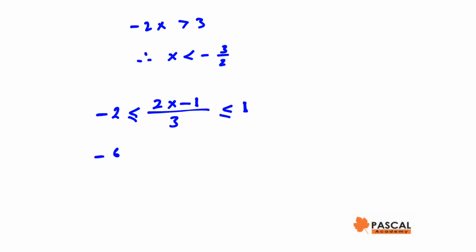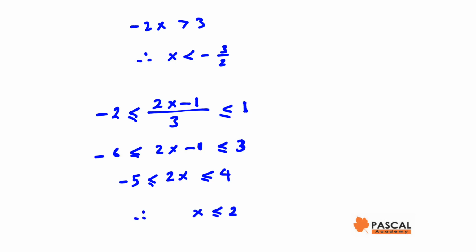Since 3 is a positive number, the inequality holds. Then we isolate x. 2x is smaller or equal than 4, greater or equal than negative 5. Therefore, x is smaller or equal than 2, greater or equal than negative 2.5.